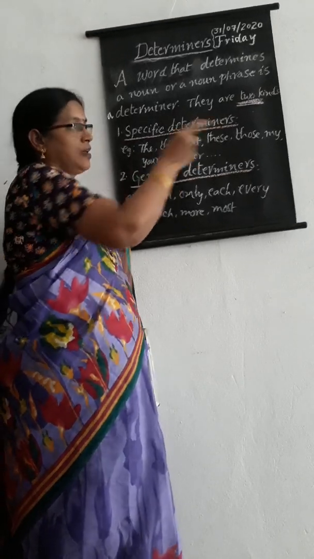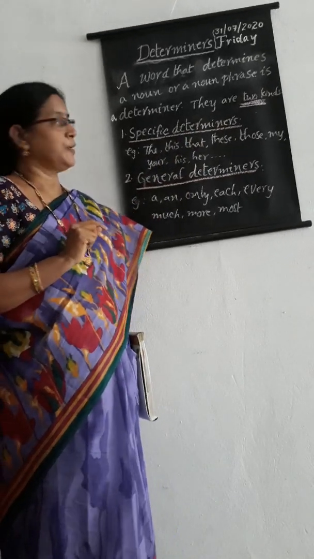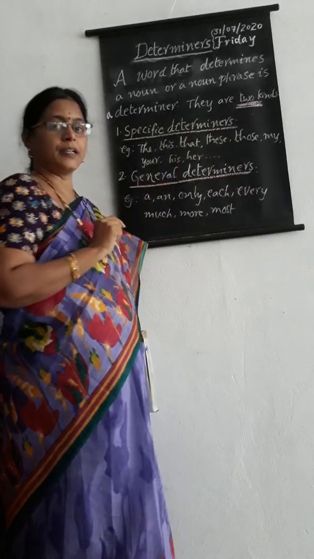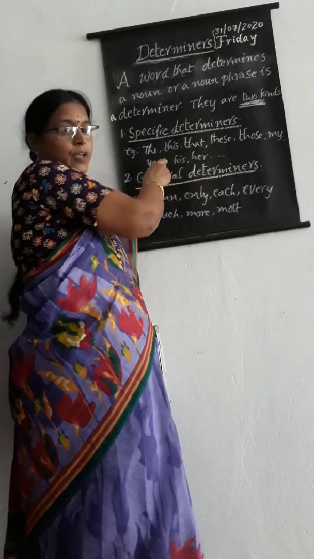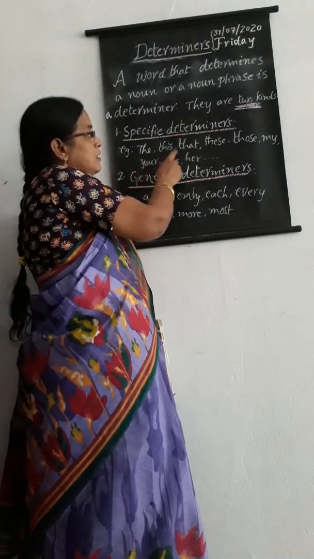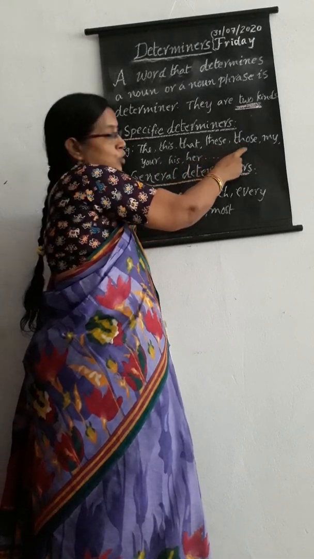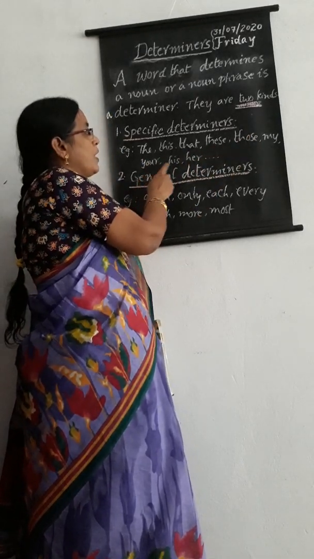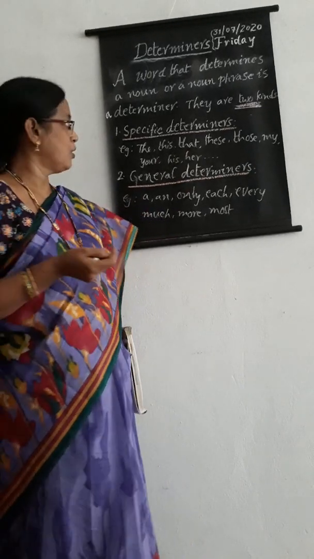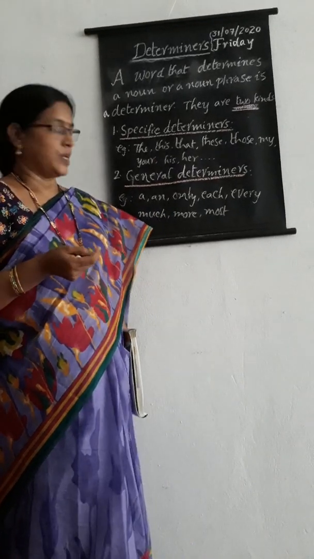That is a big tree. These are books. Those are tall trees. In that way, we use specific determiners: the, this, that, these, those, my, your, his, her, etc.